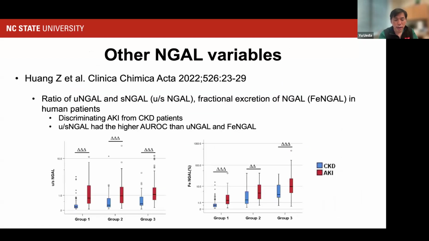And there are some other calculated variables that you can get based on the urinary NGAL concentration and also the serum NGAL concentration. This is a human patient study published in 2022, looking at the ratio of urinary NGAL to serum NGAL, or fractional excretion of NGAL. They found out that patients with AKI had a significantly higher urinary NGAL to serum NGAL ratio and fractional excretion of NGAL compared to patients with CKD.